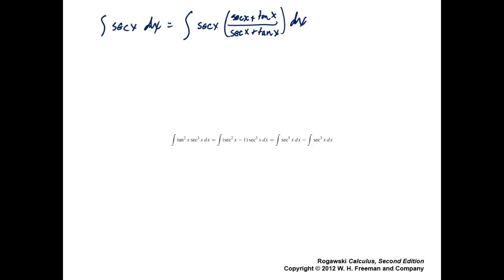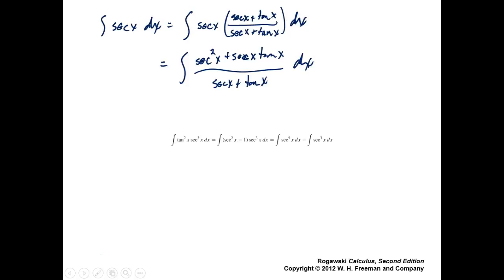He may need to see me, so I'm going to pause just a second. Let's distribute the secant in the numerator. The integral of secant squared x plus secant x, I did it again, secant x tangent x over secant x plus tangent x dx. All right.